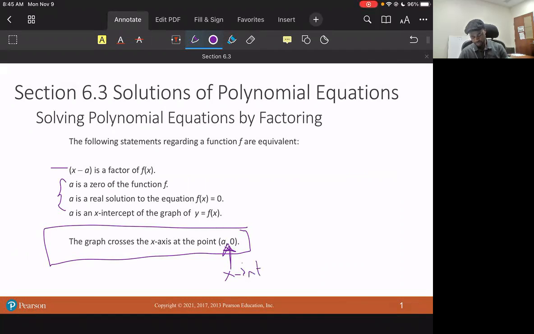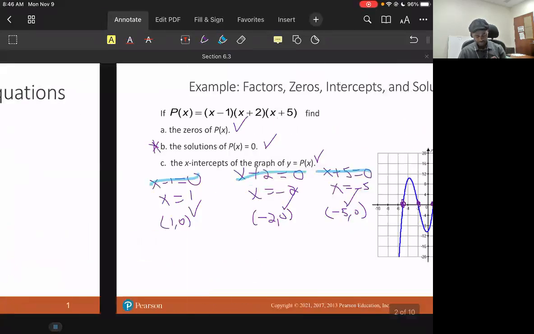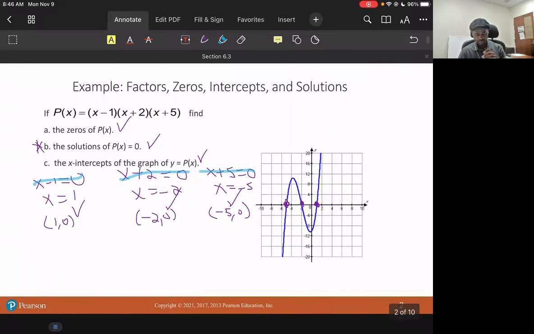So be careful with these homework questions because they can ask you for x-intercepts as points, or they can just have values, or x values that give you a function value of 0. So just be careful about reading the language of the questions.